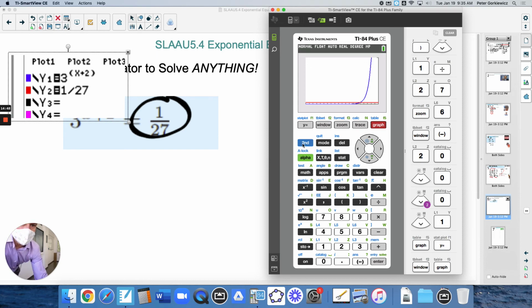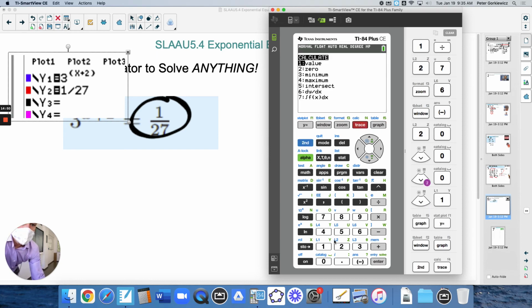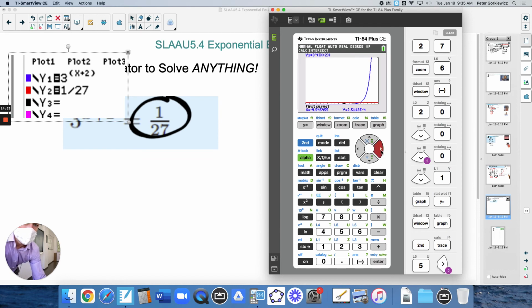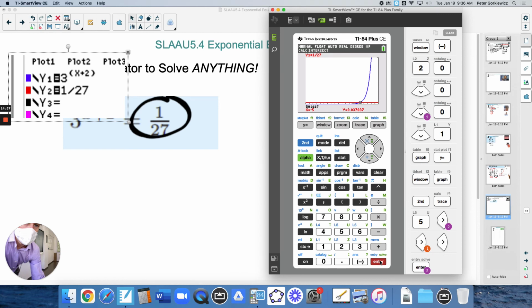And then you'd say second calc, go to intersect, enter, enter, enter. And there we go. That's tiny. But all we're looking for is the x. So we're looking for -5. And that's what we got last time when we did it by hand.